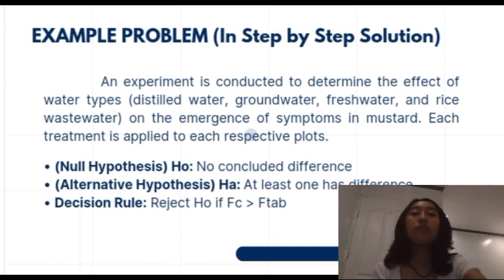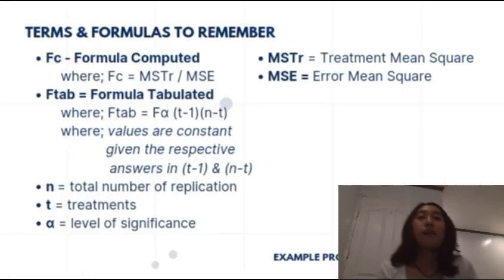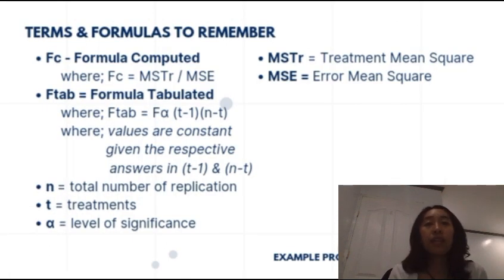And then, before anything else, it is important that we become familiar with the formulas and parameters we will use in the manual computation of CRD, since this will be our basis for the values that we're going to take. So, FC is our formula for F computed that we saw earlier in our decision rule, wherein if FC is greater than F tab, then let's reject the HO or the null hypothesis.